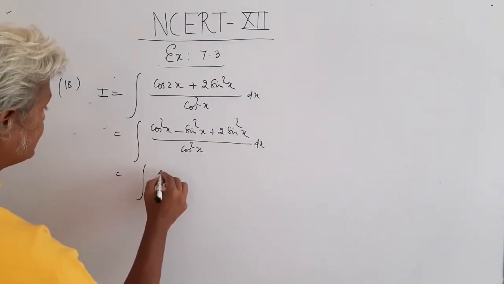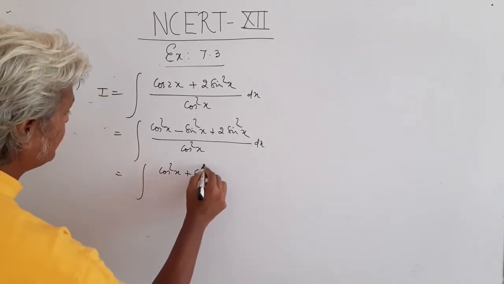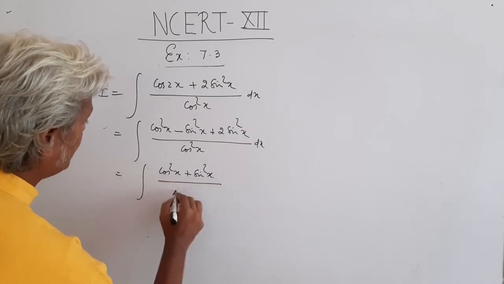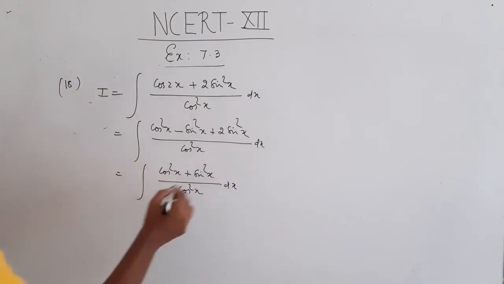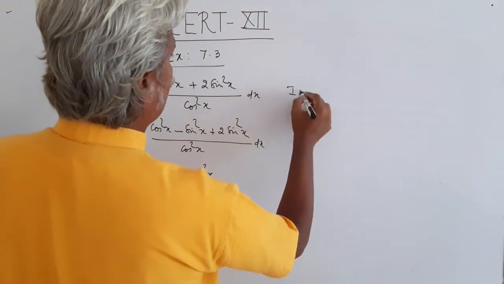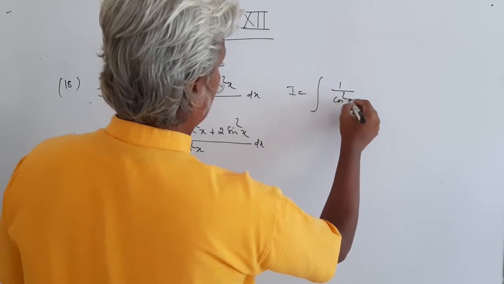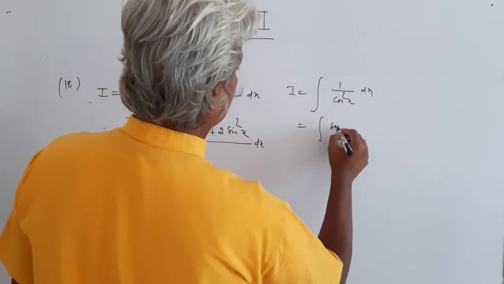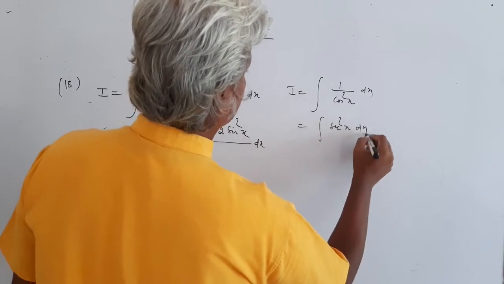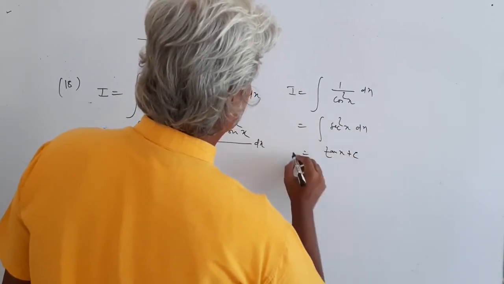So I can write this as (cos square x plus sin square x) upon cos square x dx, which becomes 1. So my integral I now becomes 1 over cos square x dx, that is integration of sec square x dx, and that is nothing but tan x plus c. This is done.